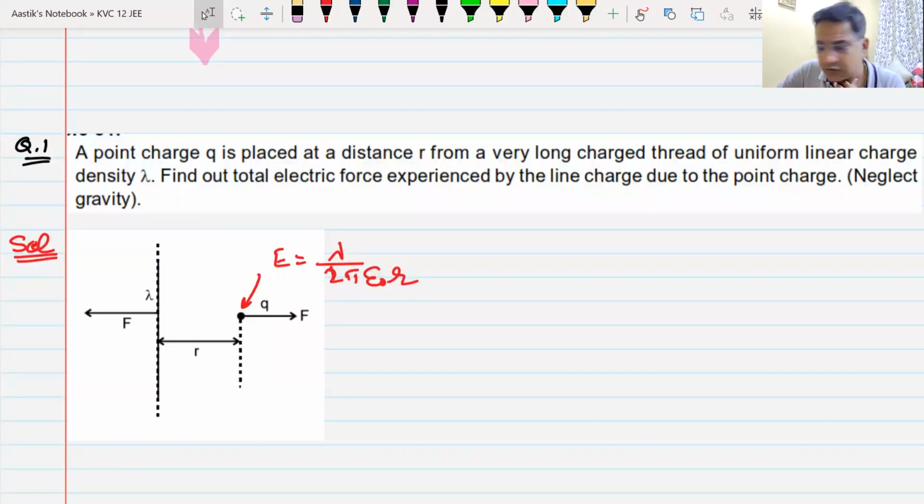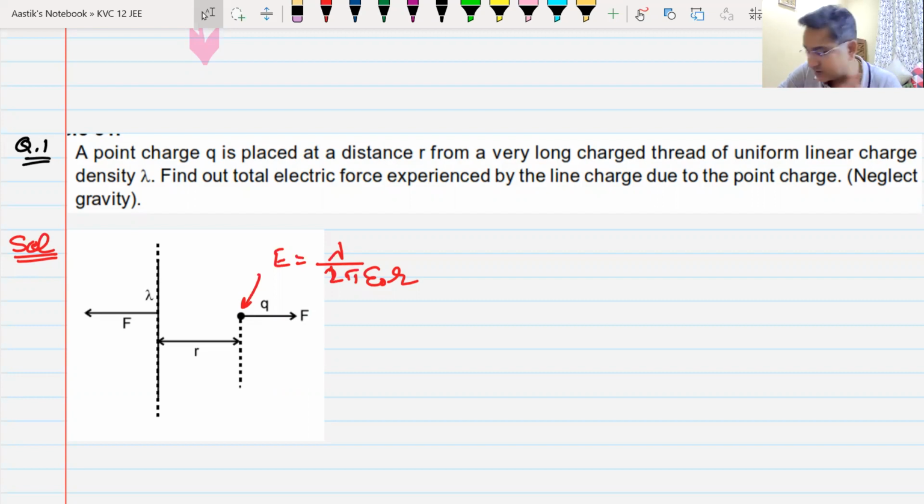We had done a question like this before, in the last to last class, where you were supposed to find out the force between an infinite line charge and a point charge. Does anyone remember this question?